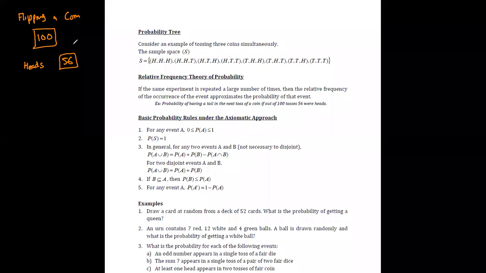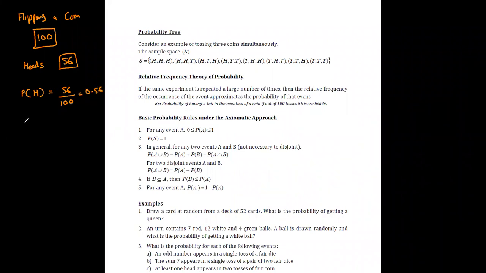Out of this 100, you have obtained 56 heads. Therefore, the probability of getting heads is equal to 56 divided by 100, which is equal to 0.56.